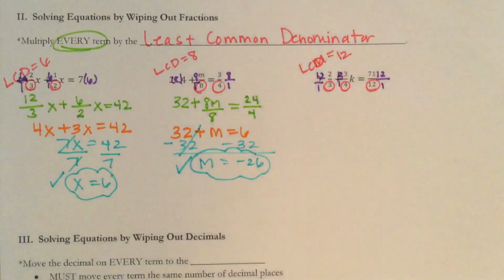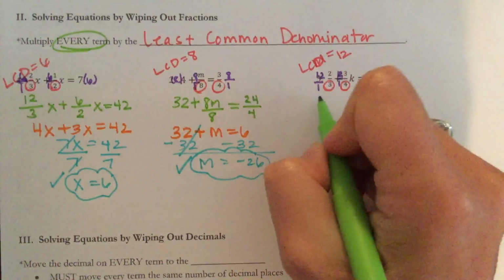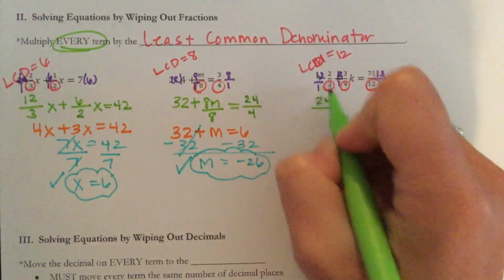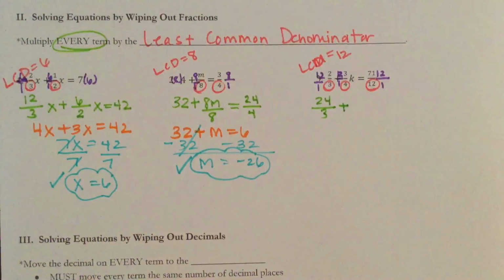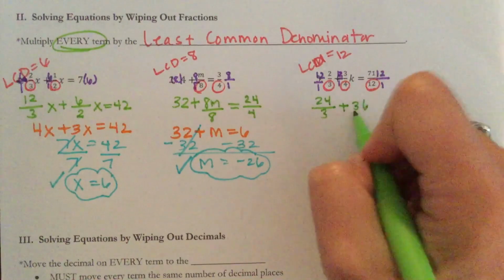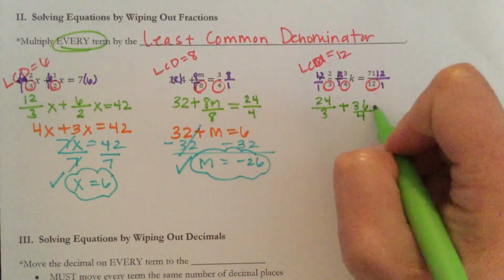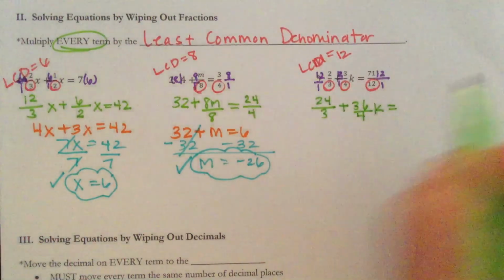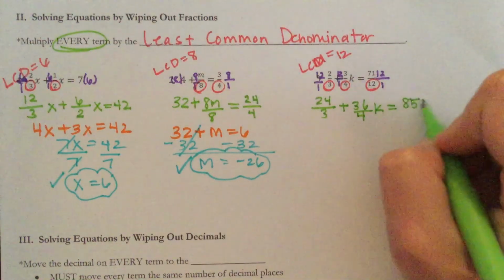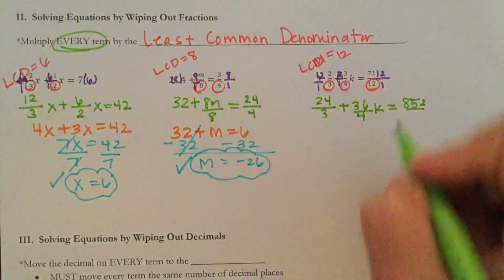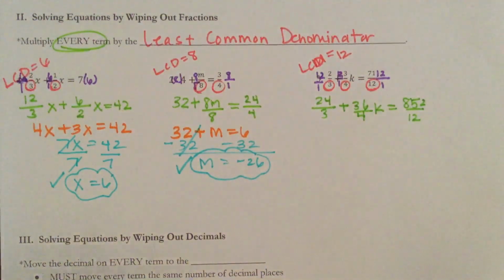All right, starting on top, 12 times 2 gives us 24, and 1 times 3 is 3. 12 times 3 gives us 36, and 1 times 4 is 4, and we're going to keep our K. And 71 times 12 is 852, and 12 times 1 on the bottom is 12.